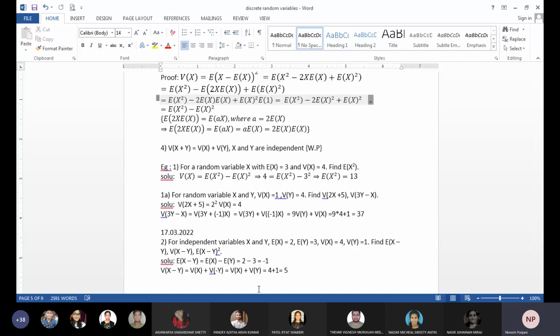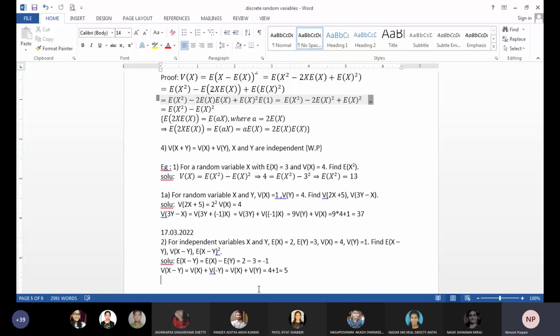If I write variance of minus y, -1. हाँ, तो -1 का स्क्वायर, so that will be same as variance of y. ओके सर. Fine.